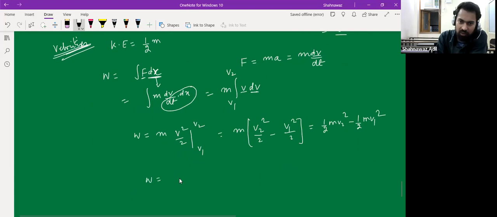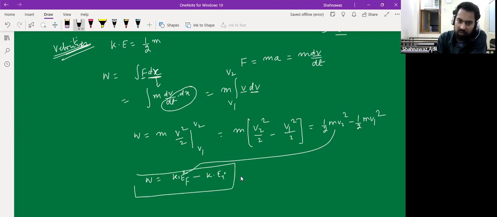So this is half m v2 square, the kinetic energy final, and this is the kinetic energy initial. So this is called the work energy theorem.